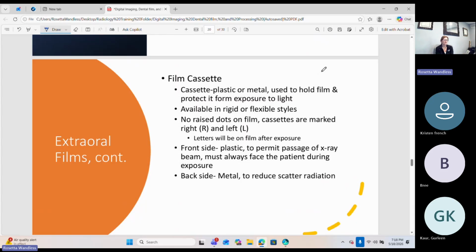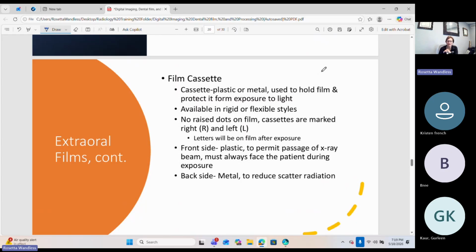Awesome. It can be rigid, there are flexible styles, it doesn't matter. It's all compatible to what machine you have. The machine dictates what kind of cassette you need, okay? So we don't have to think about, do I want this one or this one? It's like, hey, you've got to use this because this is what that machine is built for.